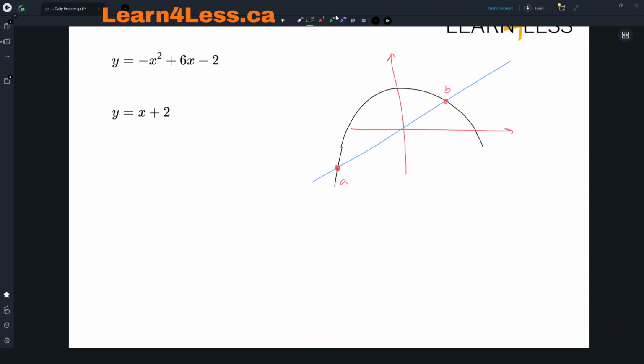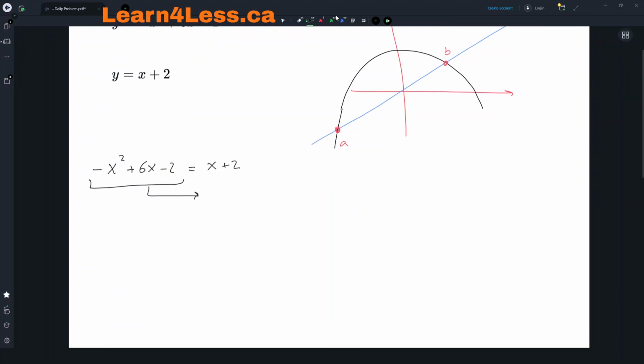To find the intersection points, we set the two functions equal to each other. So I write negative x squared plus 6x minus 2 is equal to x plus 2. I move everything to the right hand side, and the reason is that it makes the coefficient of x squared positive, so it's a little bit easier for me.